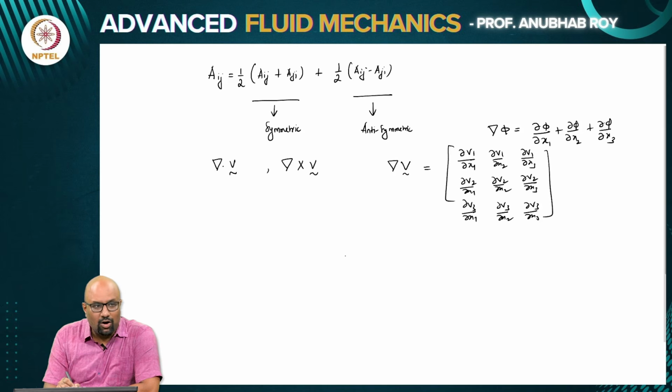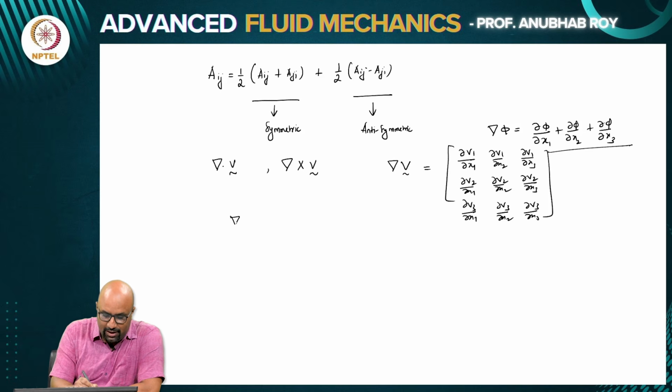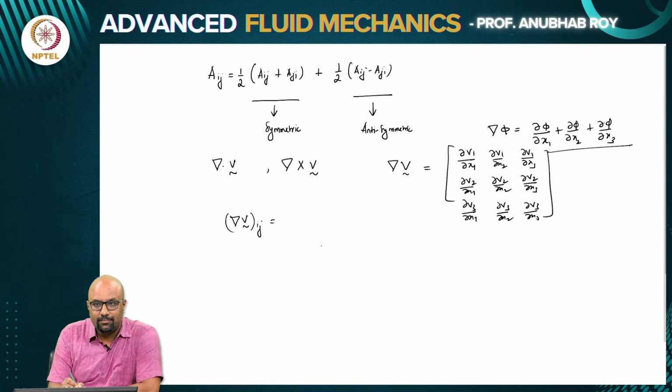So it has all 9 components, instead of the single term you have for a scalar. The gradient of v, if I write its ijth component, in this notation would be dou vi dou xj.